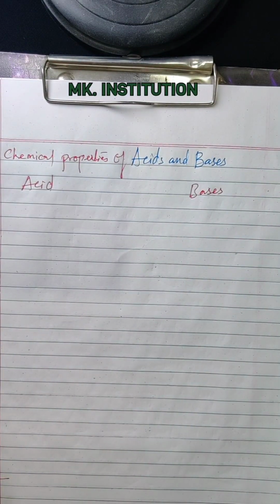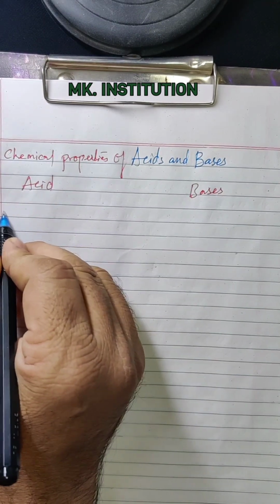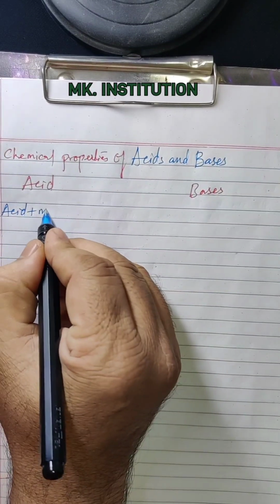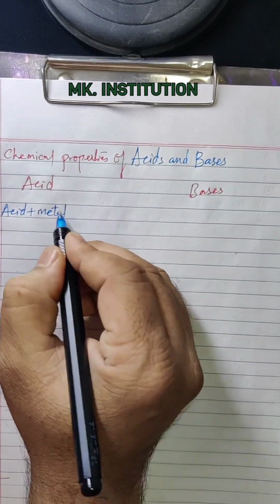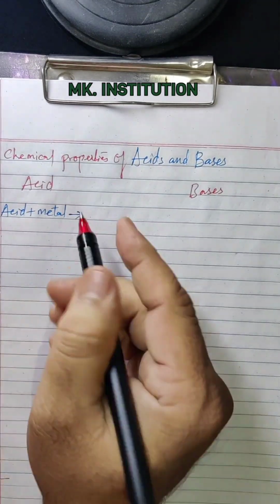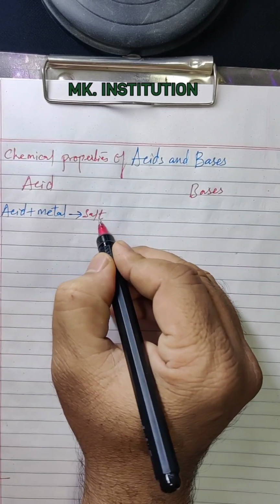So what will we write here now? Whenever an acid reacts with a metal, listen carefully, what does it produce? Salt and hydrogen. In one of the videos we did an experiment. Clear?